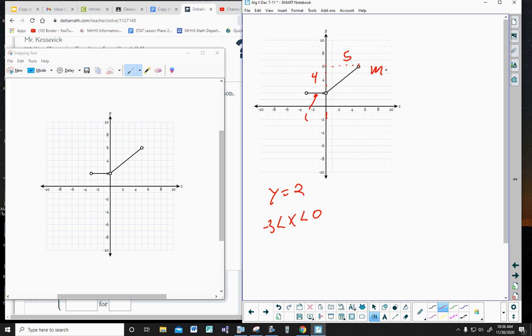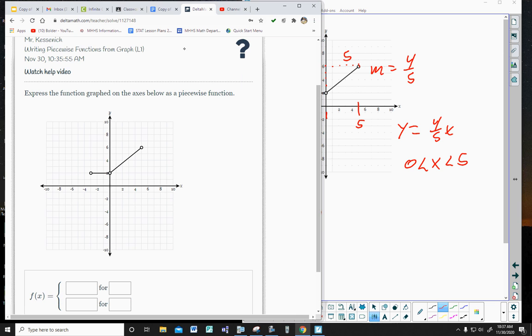So the slope of this line is 4/5 and the y-intercept is 0. So y is equal to 4/5 x. I don't think you need the plus 0. And that's trapped between 0 and 5. So it's bigger than 0, less than 5.